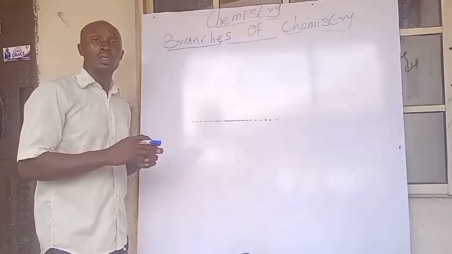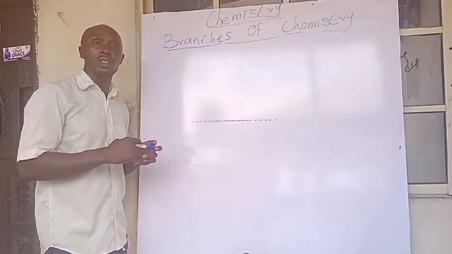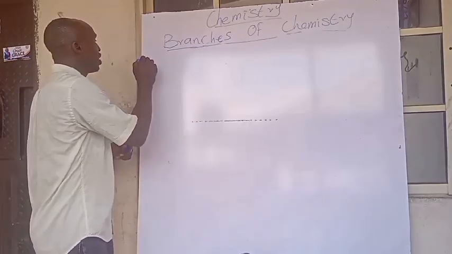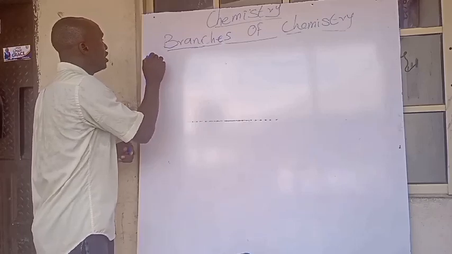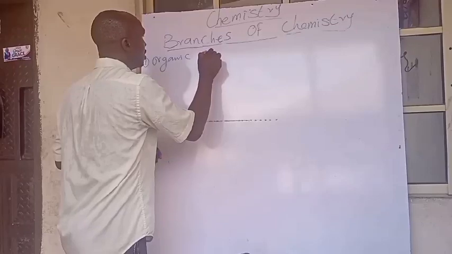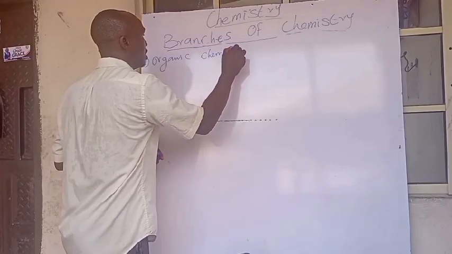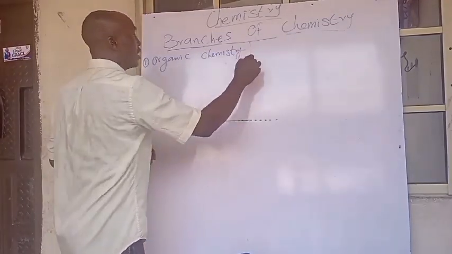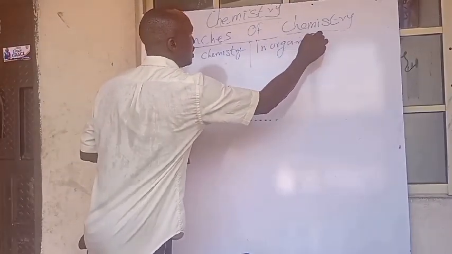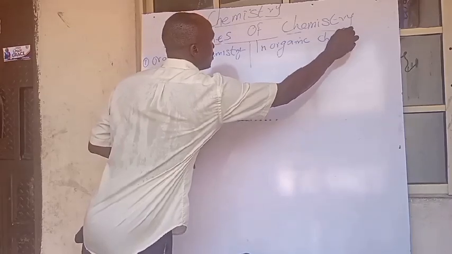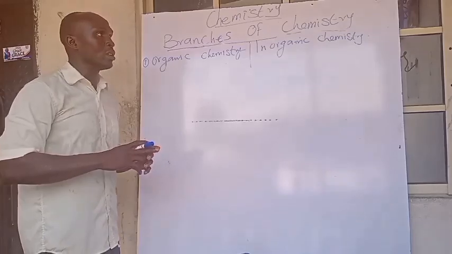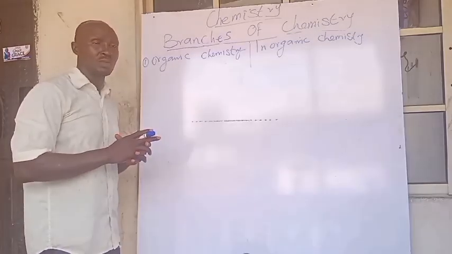Before I talk about the physical chemistry, I would like to talk about these two branches of chemistry first: the organic chemistry and the inorganic chemistry. Then later I'll talk about the physical chemistry.